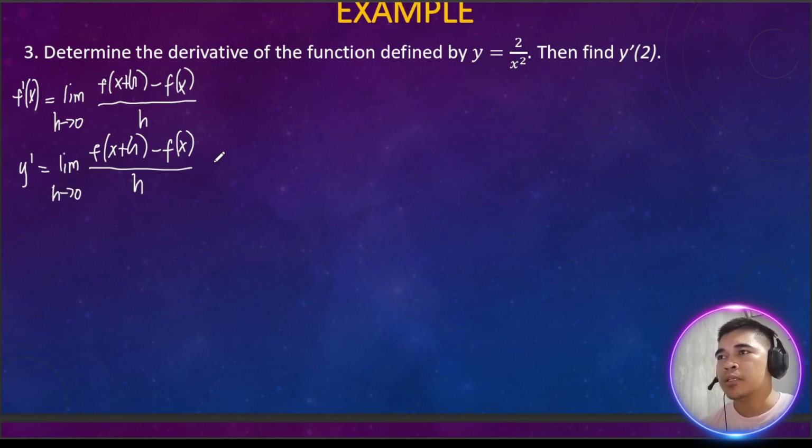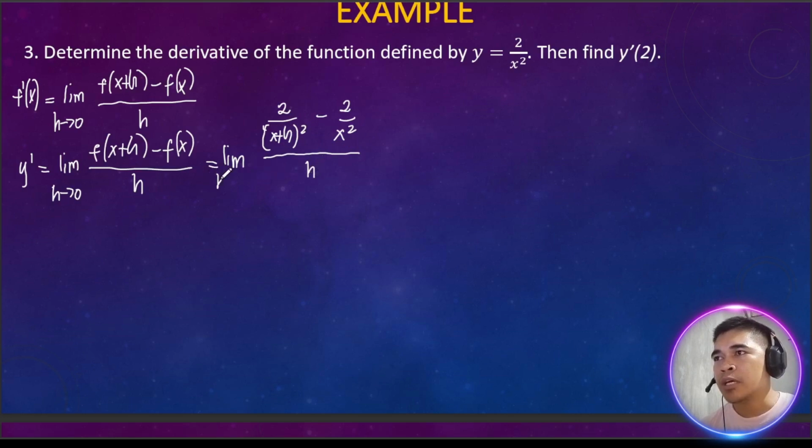So next, equals limit. So here we have 2 over x squared. So we have 2 over, instead of x, we replace it with x plus h squared, minus our f of x, so 2 over x squared, all over h as h approaches 0.